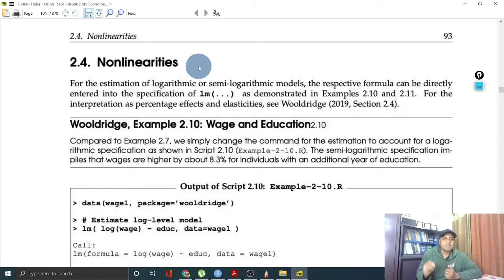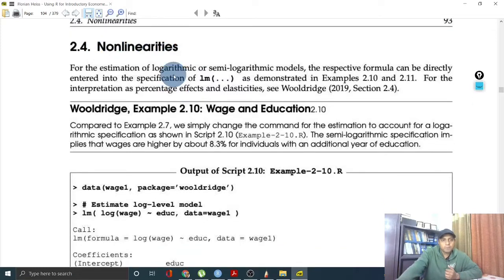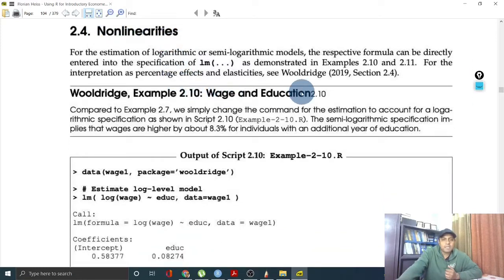So now in this particular section, section 2.4 of this book, we are taking the example of wage and education. Often in economics we find that some of the models are not linear. For instance, elasticity is a ratio: the percentage change of a quantity demanded divided by the percentage change of a price. So it's not a directly linear model, right?